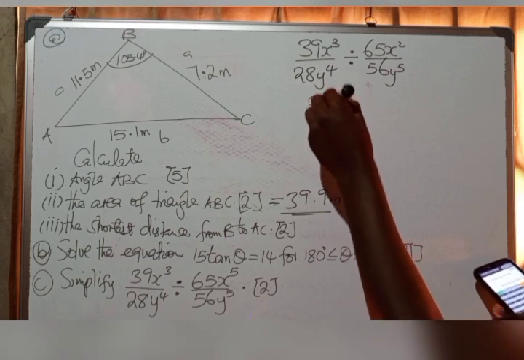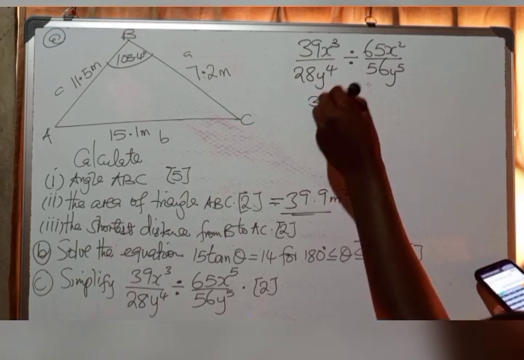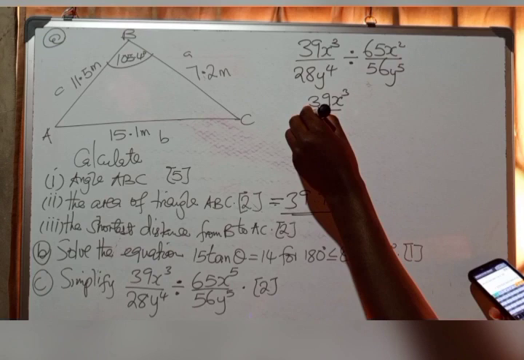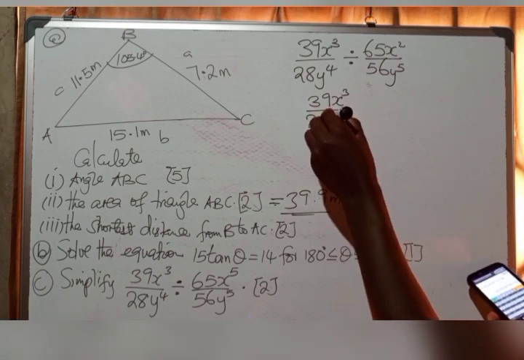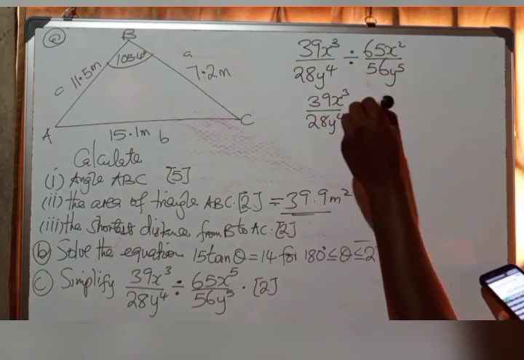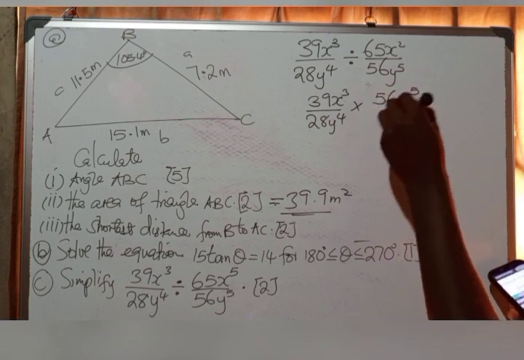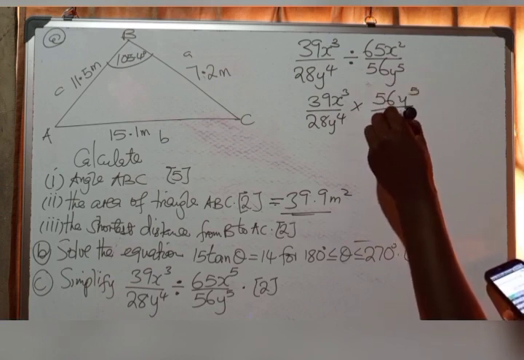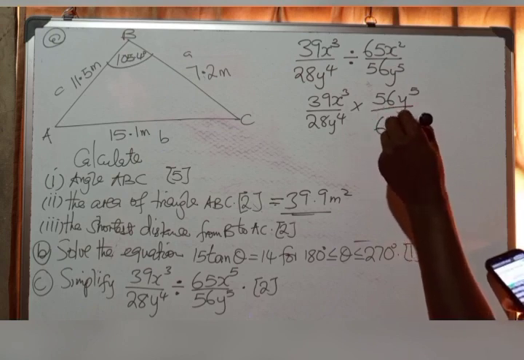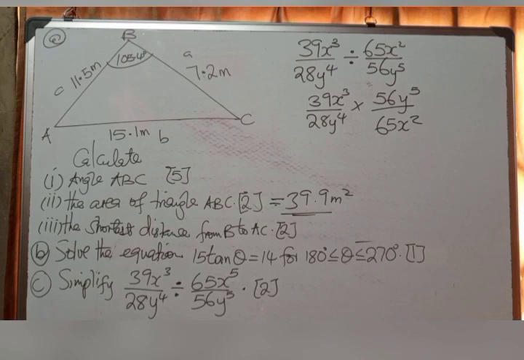So our next step will be x to the power, then we have 28 y to the power 4 multiplied by 56y to the power 5. Then we have 65x squared. That is what we have.